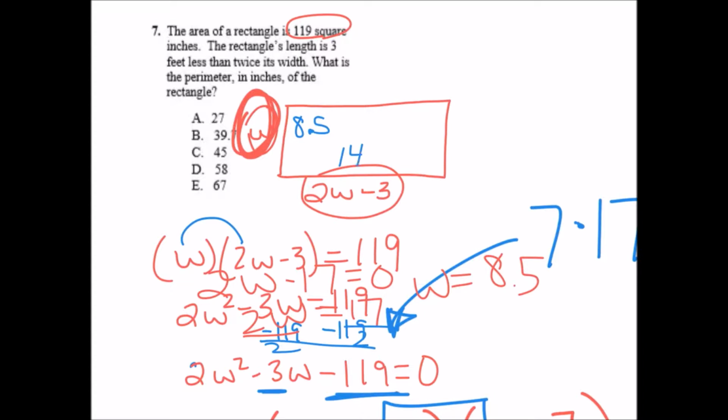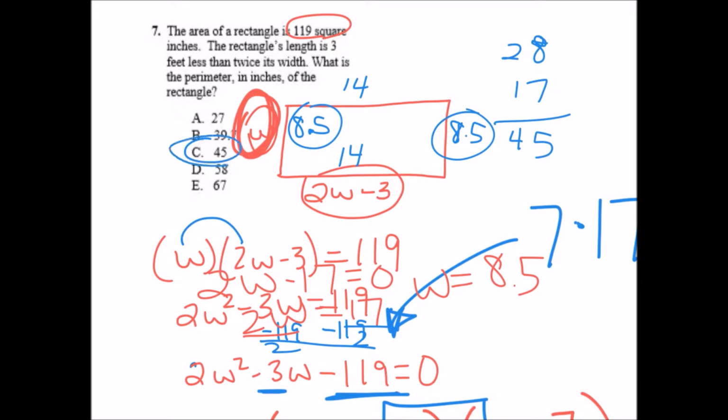That would equal 14, which means this side is 14 and this side is 8.5. You add those up, you get 17 for the two widths and 28 for the two lengths, 14 plus 14, and overall it is 45.